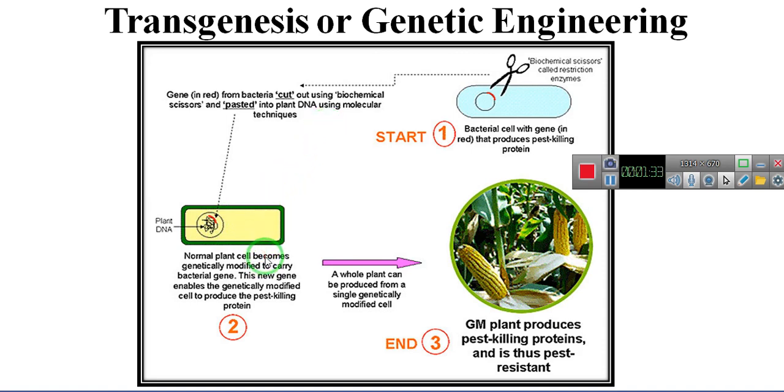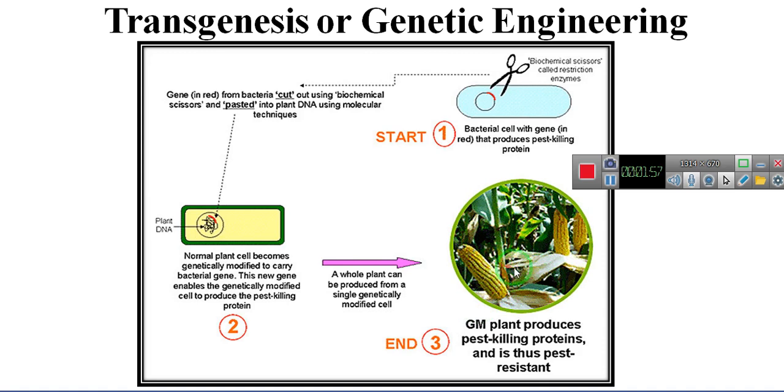And eventually, we have right now a cell that is genetically modified. And as the cell is likely to grow under normal conditions to produce a new plant, the growth of such a cell results in the production of a typical corn plant, which is said to be genetically modified.